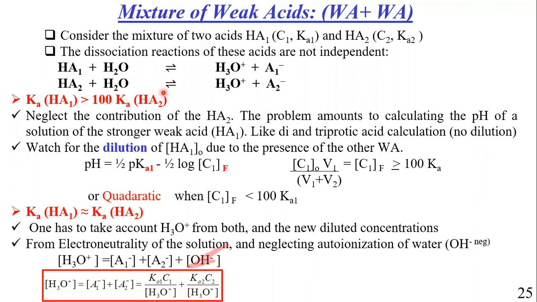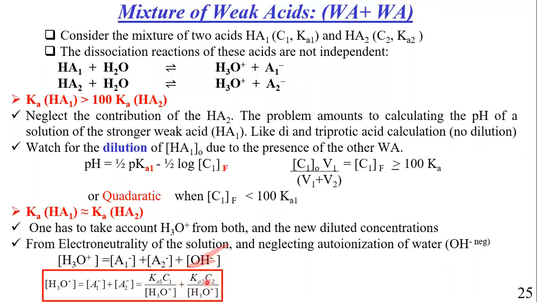Likewise, let's look at the second equation. Ka2 for this one will be products divided by reactants, okay? And solve now for A2-. By the same reasoning, we consider that x is negligible, that the HA2 concentration at equilibrium is simply equal to its concentration in solution without further dissociation.